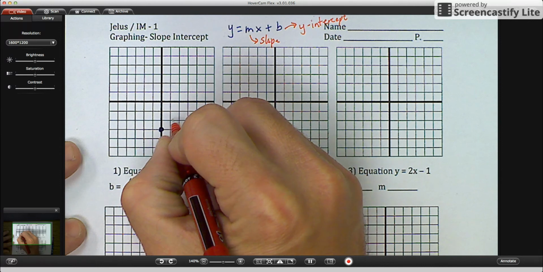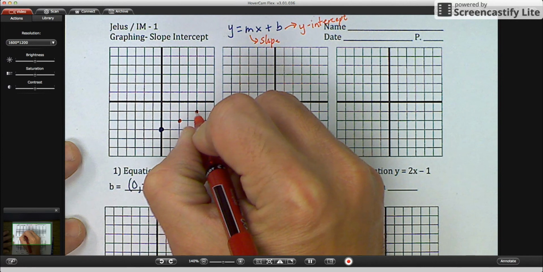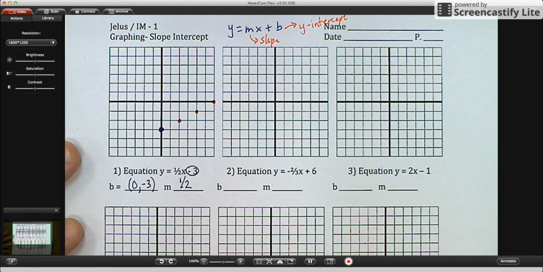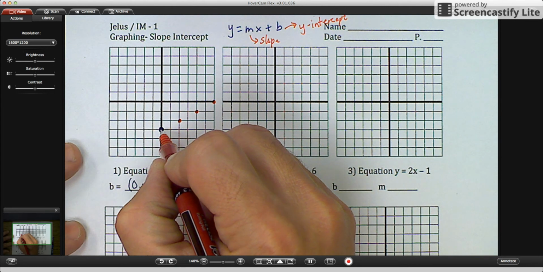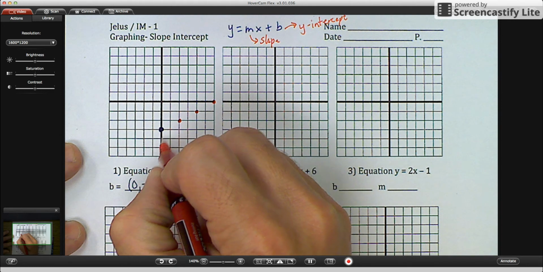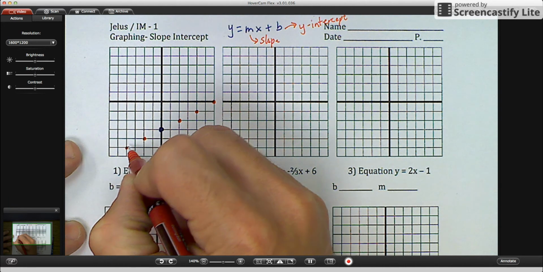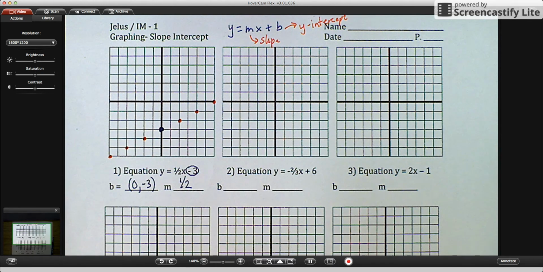So rise 1, run 2, up 1, right 2. And I'm going to continue up 1, right 2 until I get as many coordinates or points, solutions on the graph. Instead of going up 1, right 2, I can also go down 1, left 2, which gives me a bunch of solutions that I've graphed.